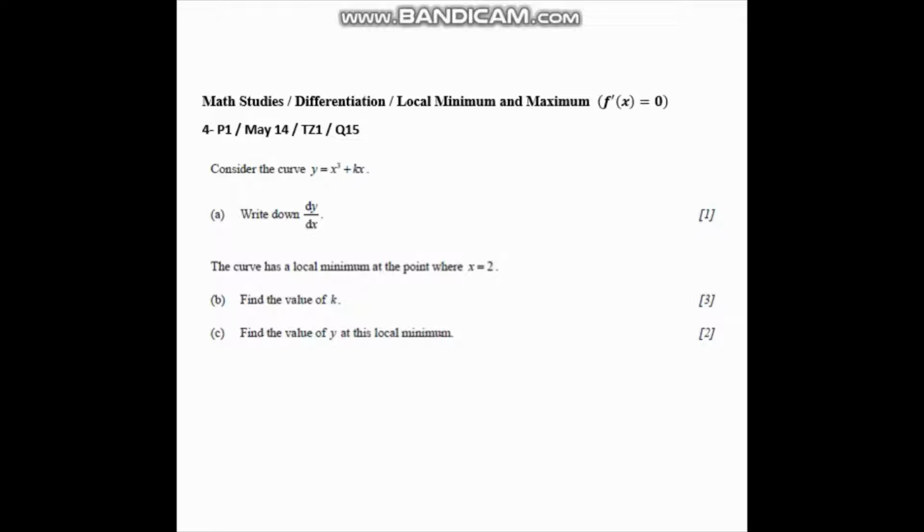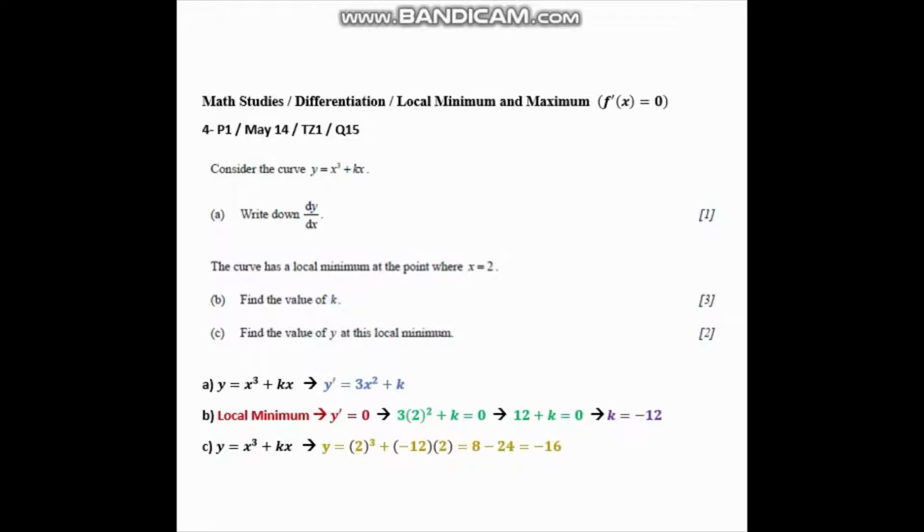So question 4 came in paper 1, May 2014, time zone 1, question 15. Kindly take a minute, pause the video and attempt to solve, and the answer shall follow through shortly. So we are given y equals x cubed plus kx, and we are asked to write down dy by dx.